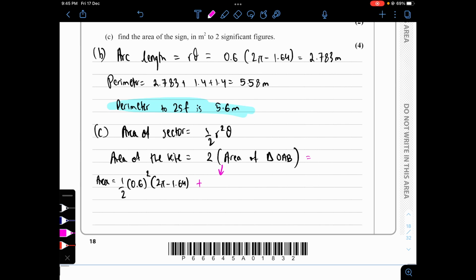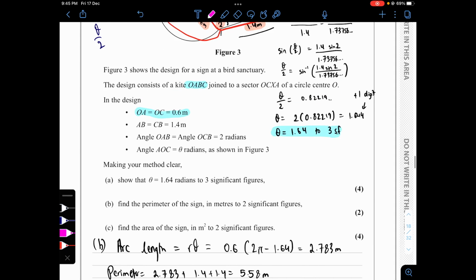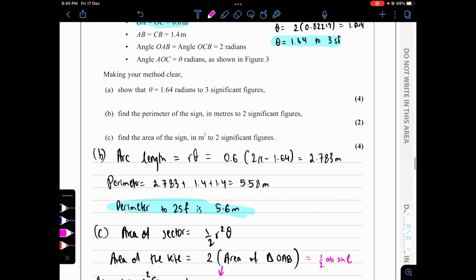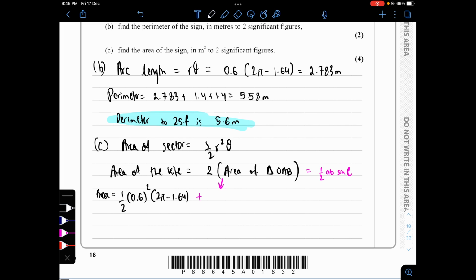How to find the area? The area of a triangle is half AB sine C, and we know AB is 0.6 meters and 1.4, and the angle inside is 2. So this will be 2 times half AB, so 0.6 times 1.4 sine 2.